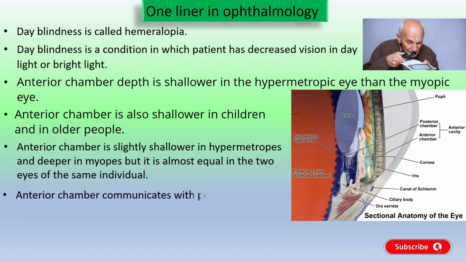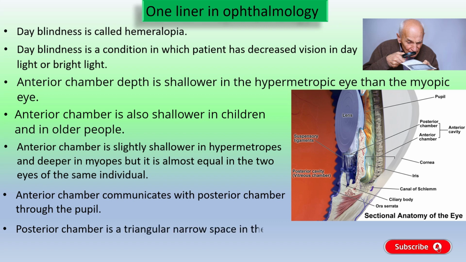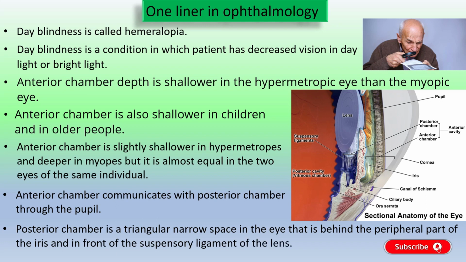The anterior chamber communicates with the posterior chamber through the pupil. The posterior chamber is a triangular, narrow space in the eye that is behind the peripheral part of the iris and in front of the suspensory ligament of the lens.